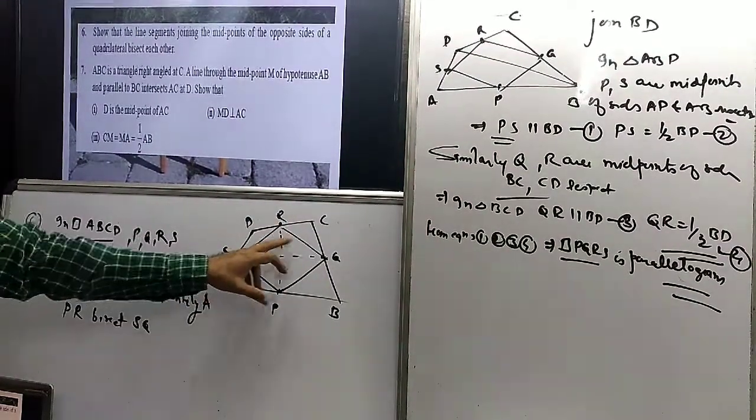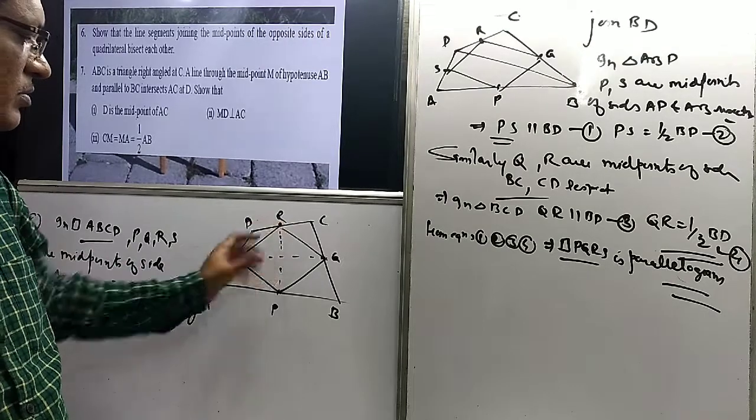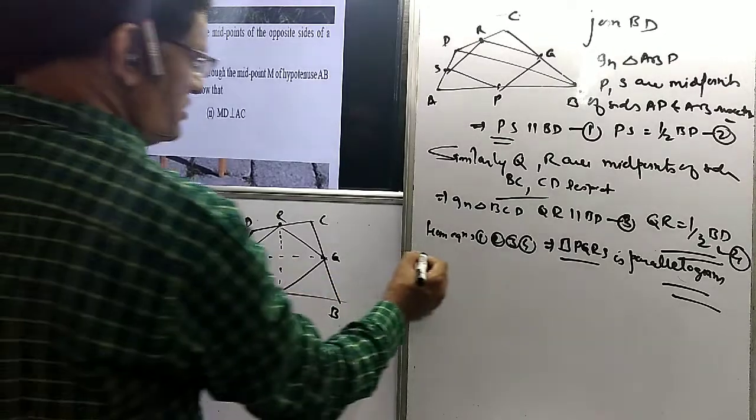If quadrilateral PQRS is a parallelogram, then you know the property of parallelogram: diagonals of the parallelogram bisect each other. So PR and SQ are the diagonals.